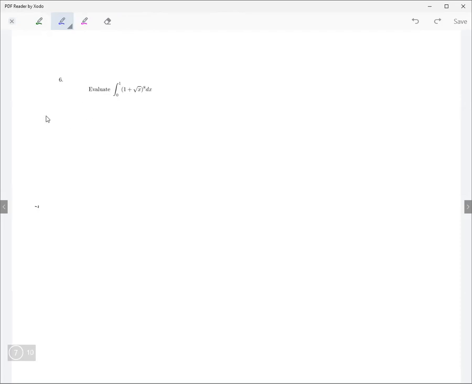But if you do this, make u equal to 1 plus the square root of x, which is this inside part right here, then du is going to be, the derivative of this will be 1 over 2 root x, dx.